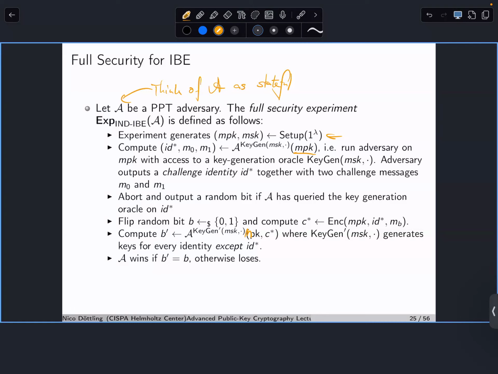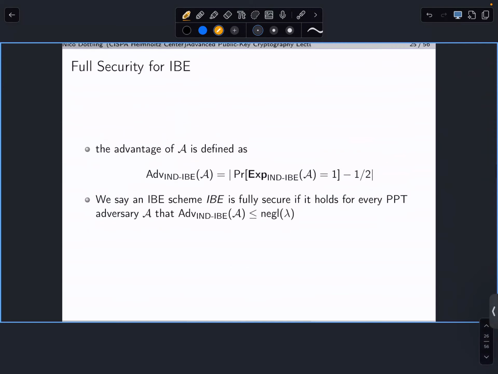The adversary outputs a guess b prime, and he wins if b prime equals b. Otherwise, he loses. And as you might expect, we define the advantage. We define the advantage of such an adversary as the absolute value of his winning probability minus 1/2.